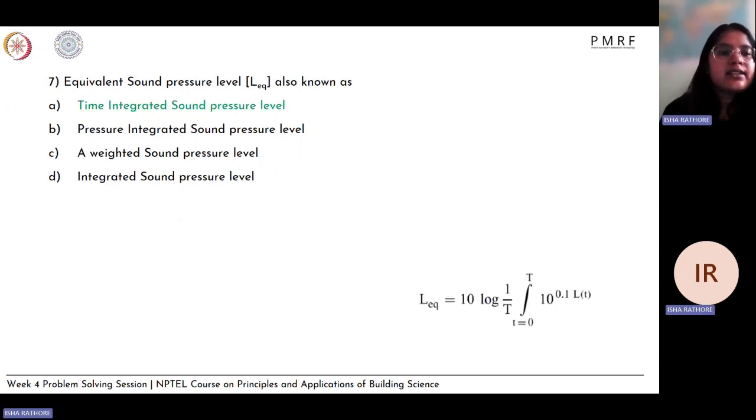Okay, so the correct answer here is A, the time integrated sound pressure level. As you can also see from its equation, LEQ integrates the sound pressure level over time. So A is the correct answer here.